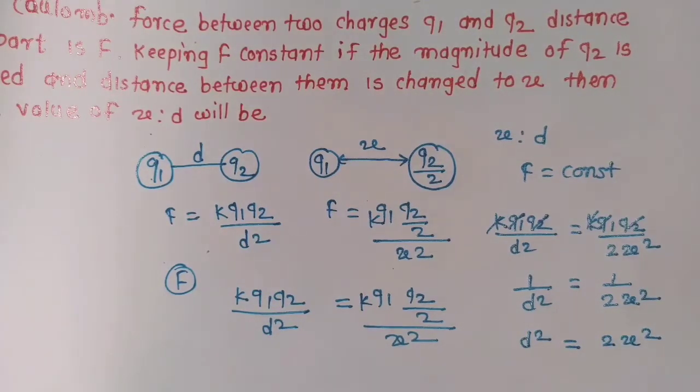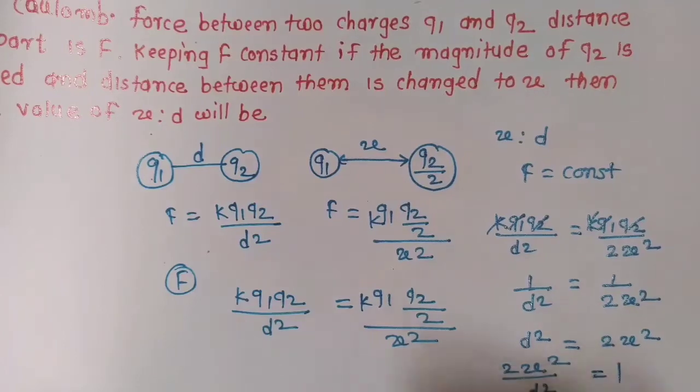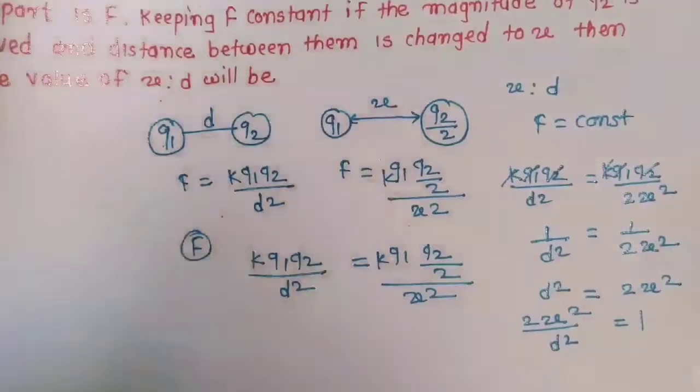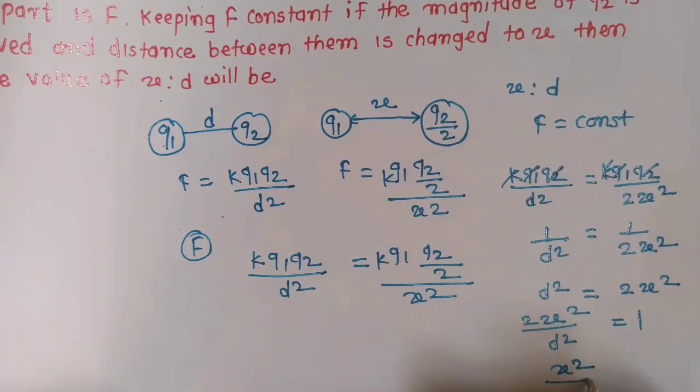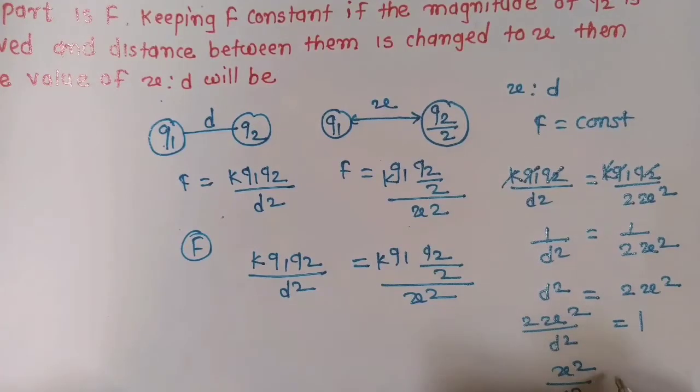We have to find the ratio of x by d. So we can write 2x square by d square is equal to 1. When 2 goes to the right hand side, it goes to the denominator, so x square by d square is equal to 1 by 2.